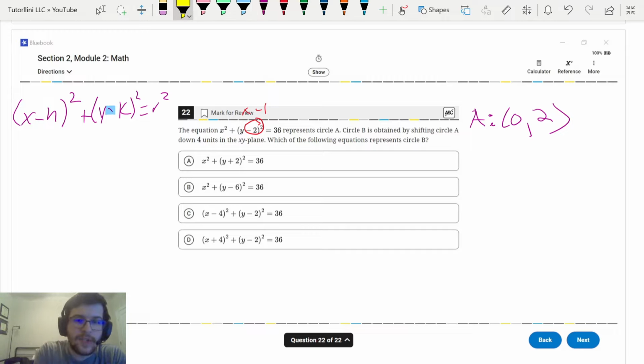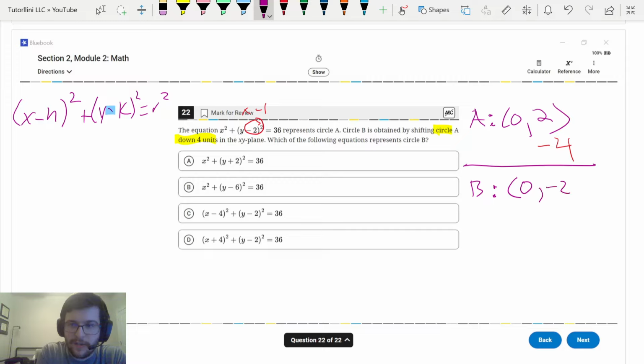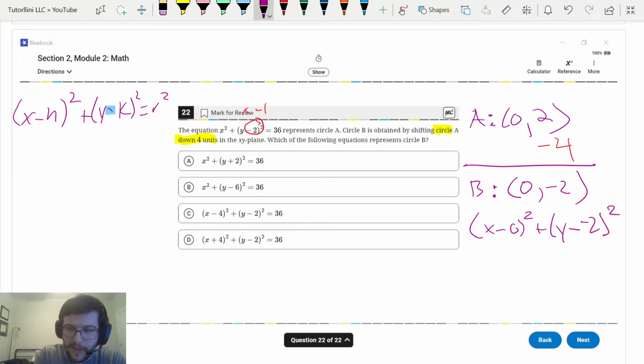So now it says shift it down. So to shift it down, we subtract 4 from y. And we get a new center of 0, comma, negative 2. So now if you do the equation x minus 0 squared plus y minus negative 2 squared for the new circle, and then equals 36 for whatever the radius squared is.